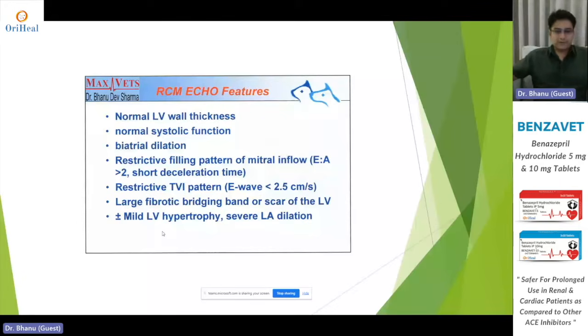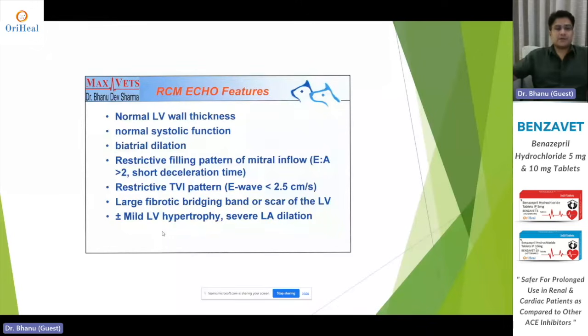So, for those of us who are doing echocardiographies, because that is the gold standard test to diagnose RCM in cats, there would be a restrictive filling pattern of the mitral inflow profile. The E wave to A wave ratio would be greater than 2, and there would be a very short deceleration time. So the classical finding which I use is the EA ratio, and in cases of restrictive filling pattern, it is more than 2.